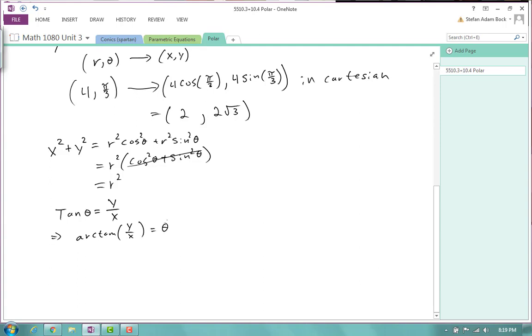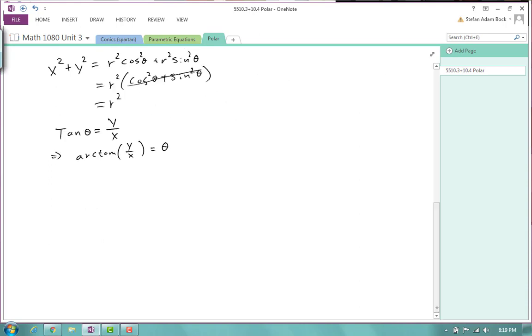But what we're going to see is that there's a little bit of a problem with polar coordinates because there are many different representations for a single point, versus in the Cartesian coordinate system, there's only one per point. So if I want to go from x, y to r, theta, and I want 2, 3, then r squared is x squared plus y squared.